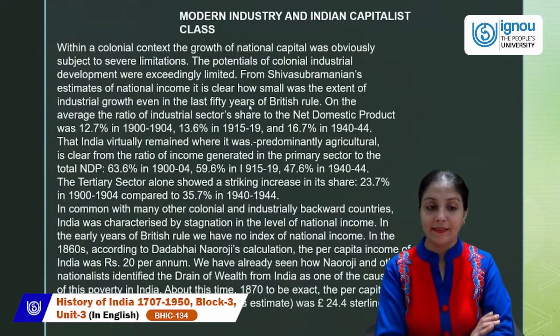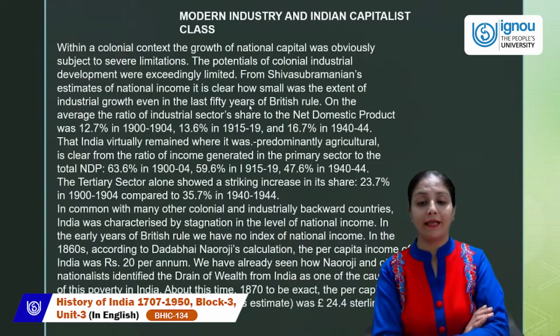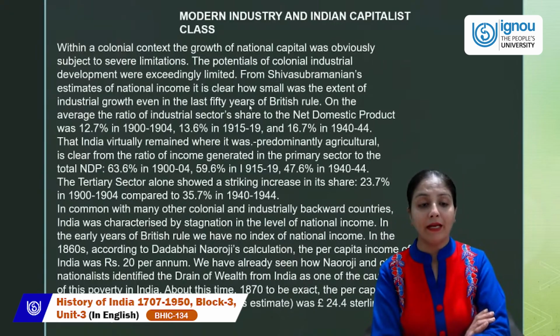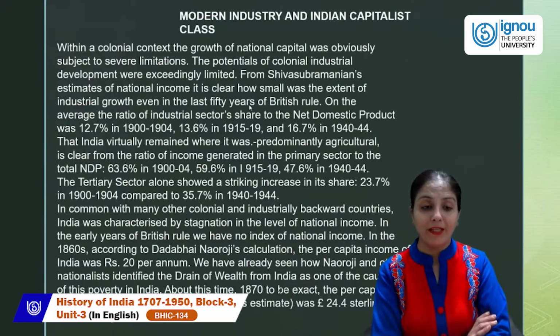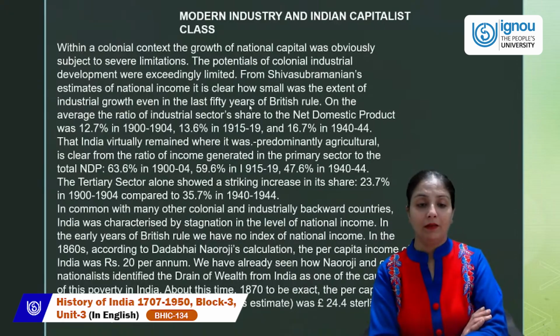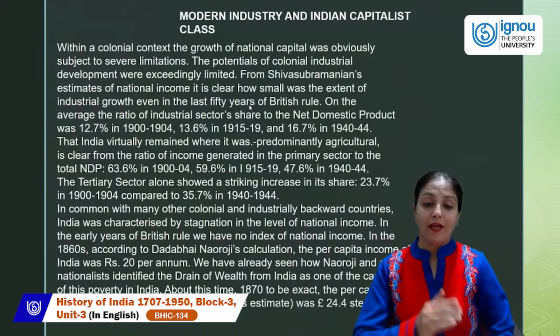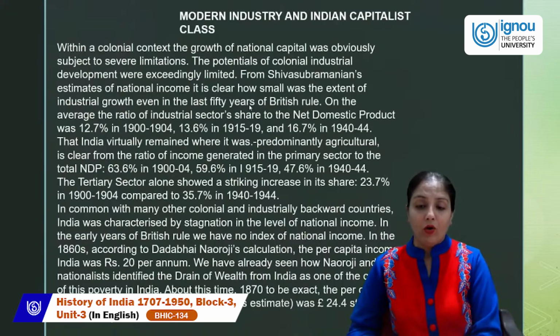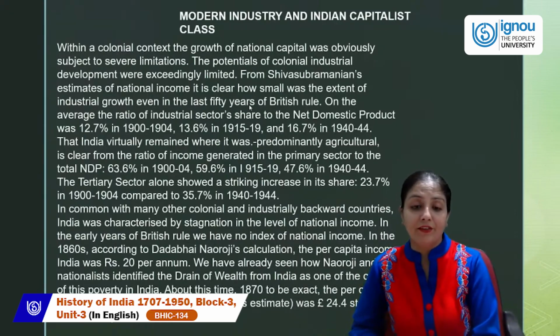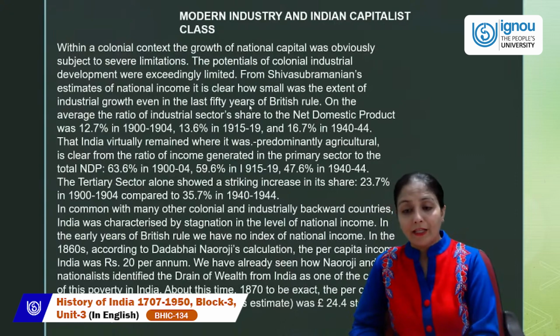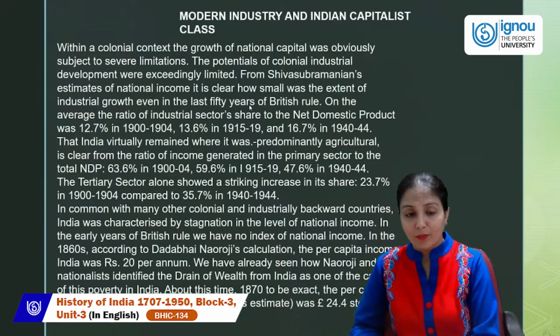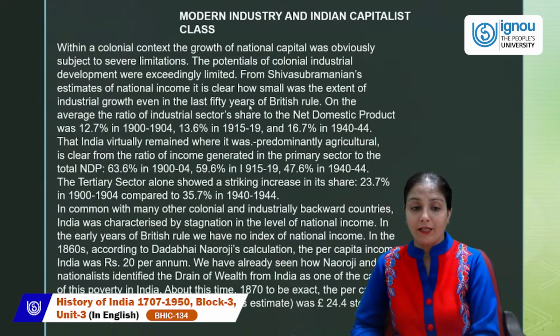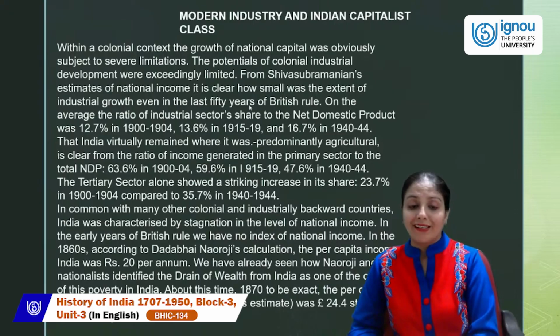In the 1860s, according to Dadabhai Naoroji's calculation, the per capita income of India was rupees 20 per annum. Very little this was. We have already seen how Dadabhai Naoroji and other nationalists identified the drain of wealth from India as one of the causes of this poverty in India. This was a type of poverty, the drain of wealth theory, from India to England.